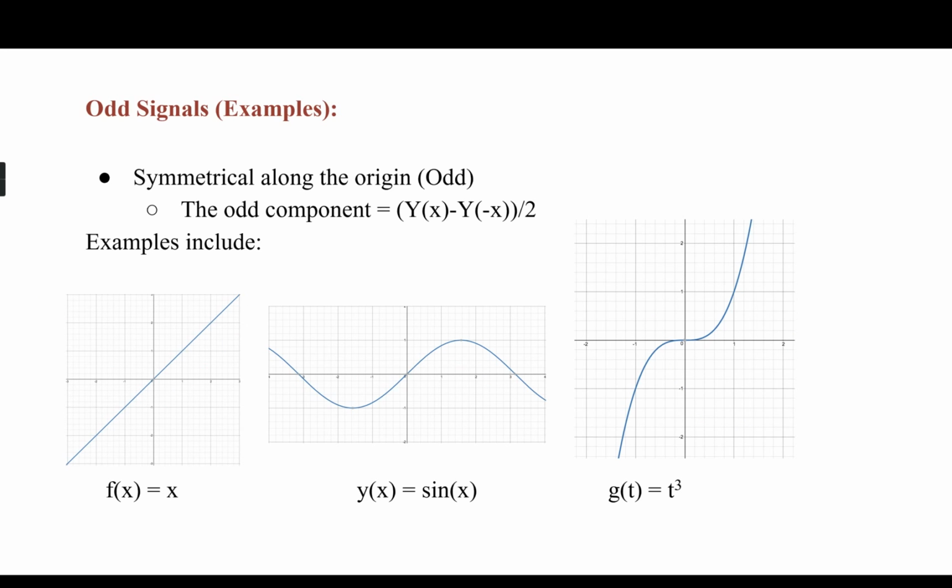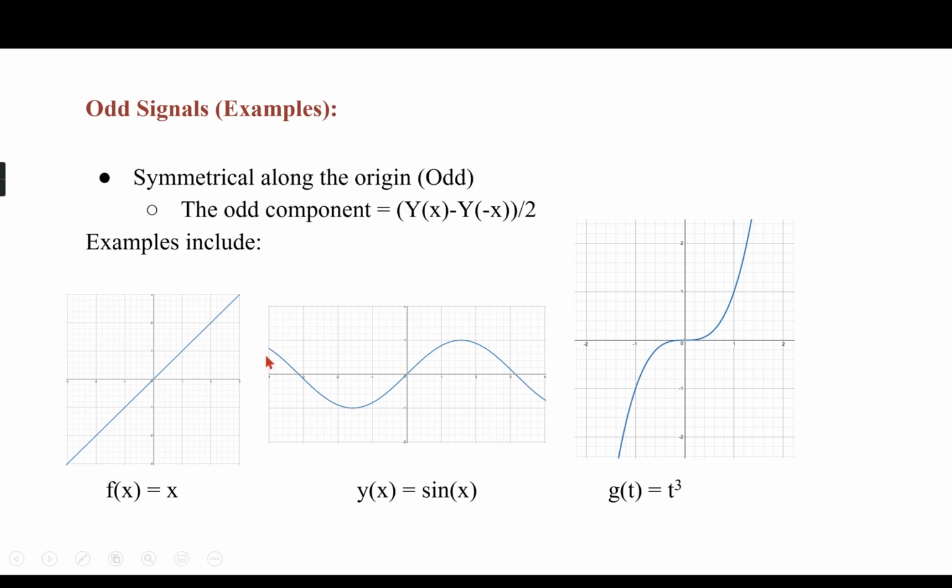Examples of odd signals include f of x is equal to x, and y of x is equal to sine of x. The sine function is an odd signal because it's symmetrical about the origin. g of t is equal to t cubed, or t raised to the power 3, is an odd function.